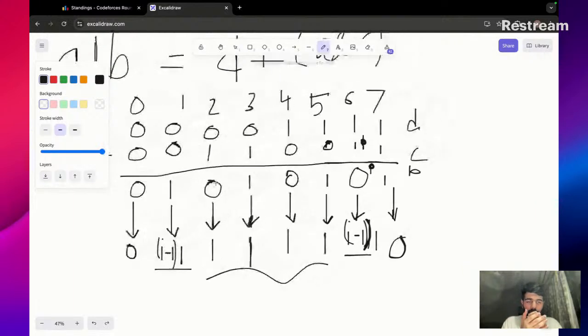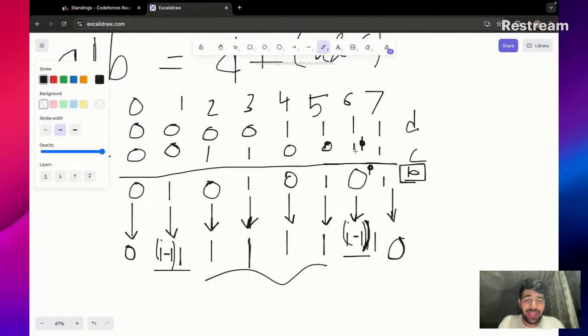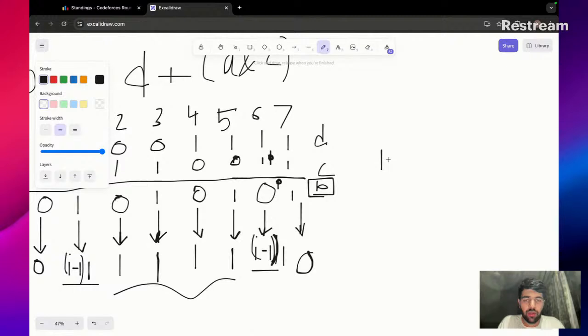If I want B plus C, I'm doing this bit, and I want this B bit, so my C bit has to be equal to A, has to be equal to B XOR D, right?